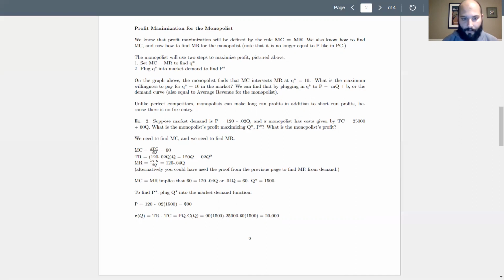Here's our total cost equation of producing a quantity 1,500. 25,000 plus 60 times Q. All right, so we get profits. Unlike the perfect competitor, there's no free entry and exit. So a monopolist can produce positive profits in both the short run and the long run.